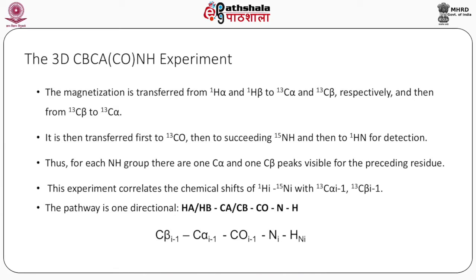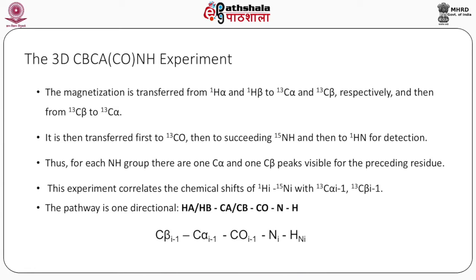The magnetization is transferred from proton H alpha and proton H beta to C13 alpha and C13 beta respectively, and then from C13 beta to C13 alpha. It is then transferred first to the C13 carbonyl and then to the succeeding N15H, and then to the proton for detection.